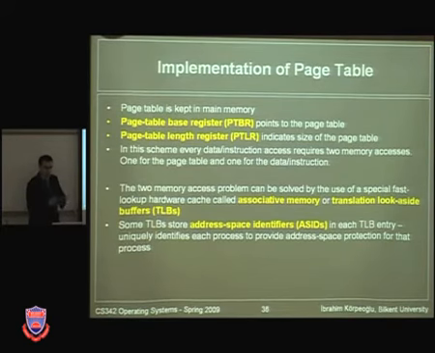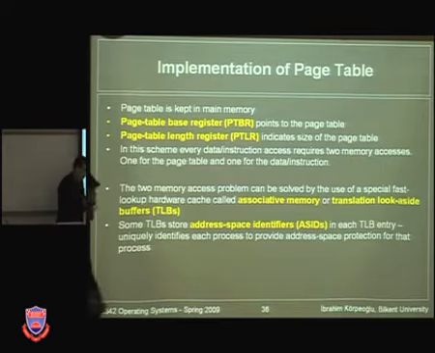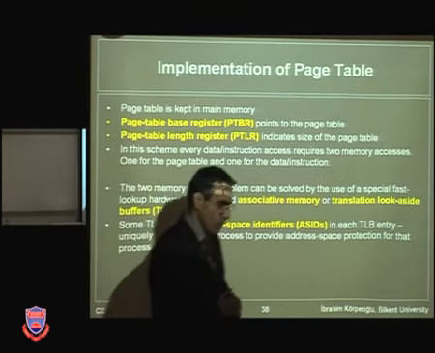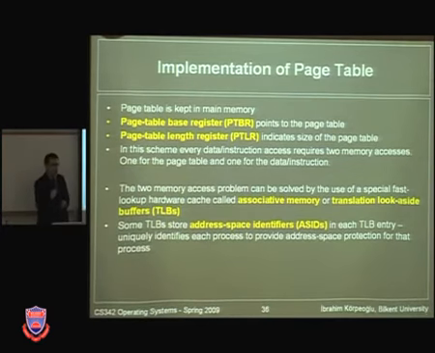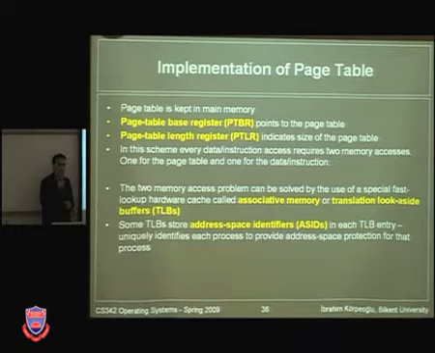Now, while the hardware is using those page tables, what's happening? The hardware is going to the page table to obtain the frame number and builds a physical address, and then it's going to that physical address in memory. To go to the page table to obtain the frame number, the hardware makes a memory access, because that page table is in memory.